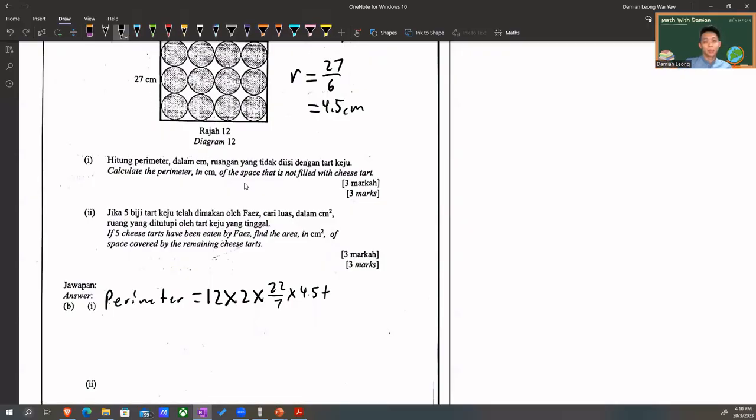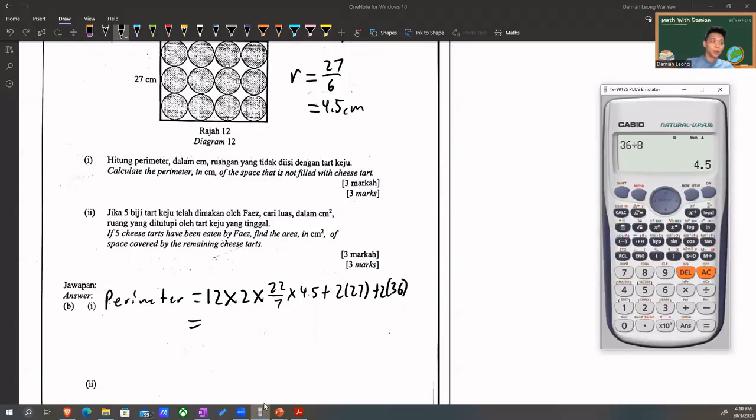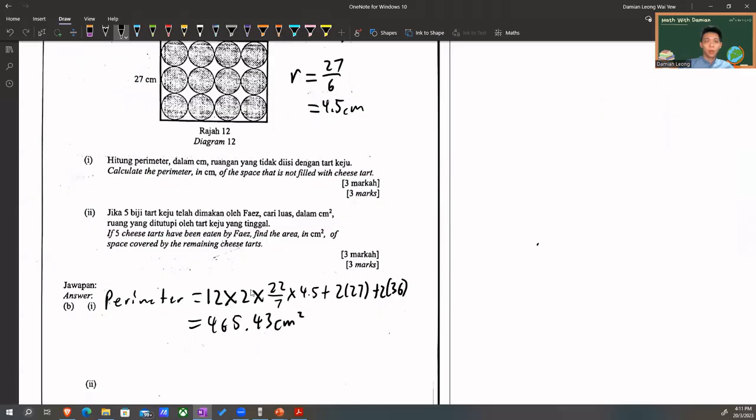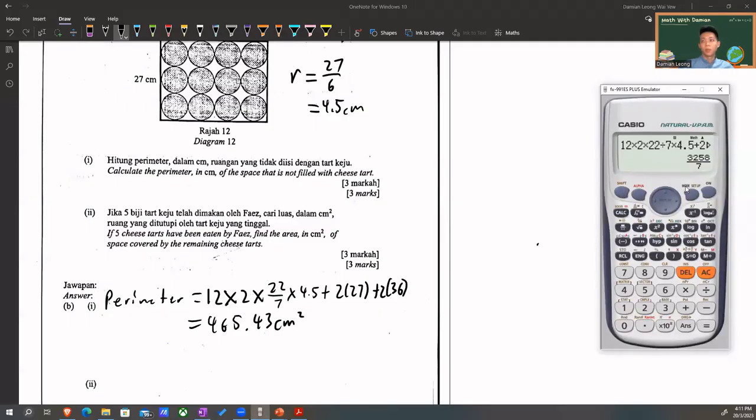So I also plus 2 times 27 plus 2 times 36. So straight away I can add all together. 12 times 2 times 22 over 7 times 4.5 plus 2 times 27 plus 2 times 36. Yeah, you can round off 465.43 cm square, or you can put mixed number 465 3 over 7 also. Okay, doesn't really matter.